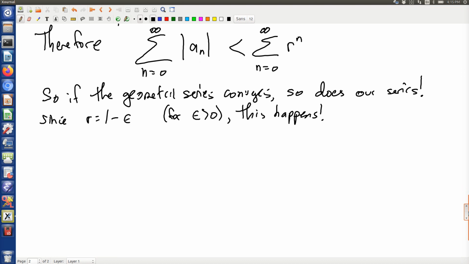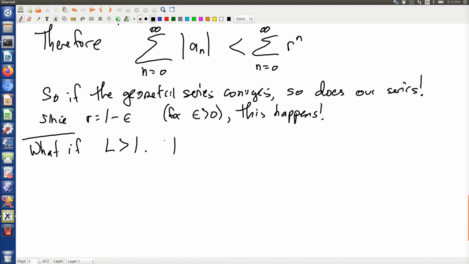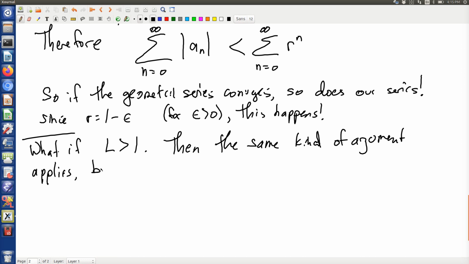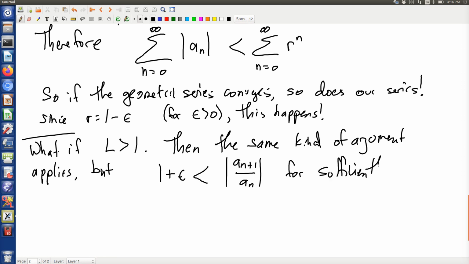Now, on the other hand, what if L is greater than 1? Then the same kind of argument applies. But let's say 1 plus epsilon is now less than the ratio for sufficiently large n.